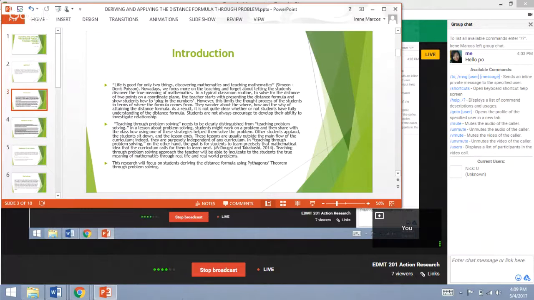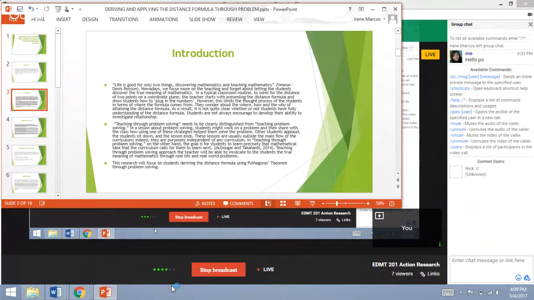So, in a typical classroom, the teacher will give the distance formula, for example, and let the students find the distance between 2 points on a coordinate plane.